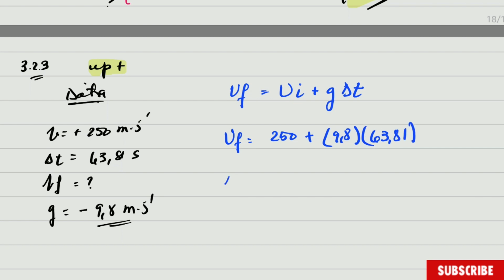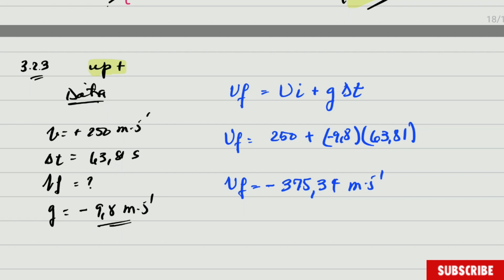When you calculate this, you get that the final velocity is a negative 375.34 meters per second.